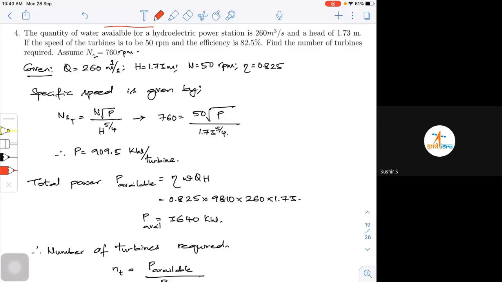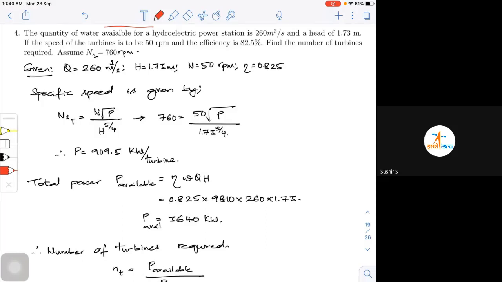If the speed of the turbine is to be 50 rpm and the efficiency is 82.5%, find the number of turbines required. Assume your specific speed ns is equal to 760 rpm. This is a little bit straightforward problem. In this problem, I have given Q, I know the value of H, I know the value of N, I know the efficiency.